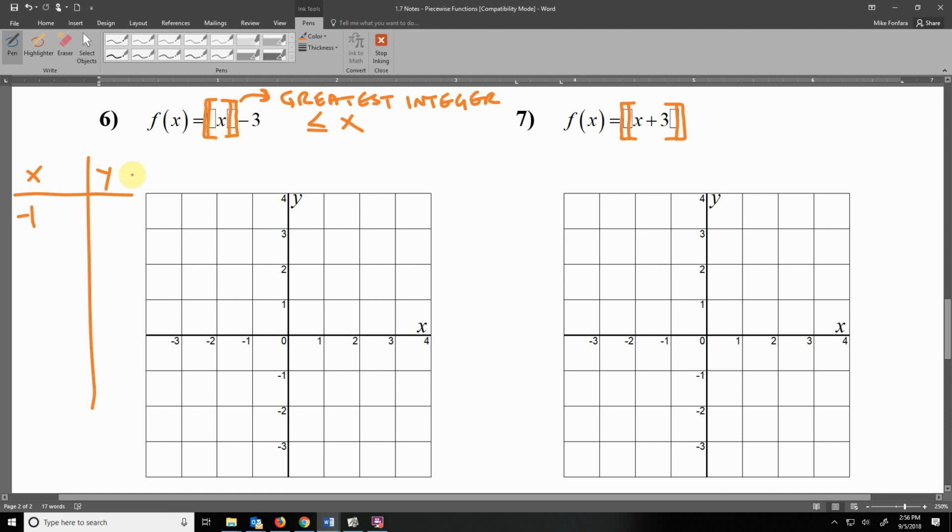Well, that would be -1. -1 is equal to -1. Minus 3 is -4. So when I put in -1, I got -4.